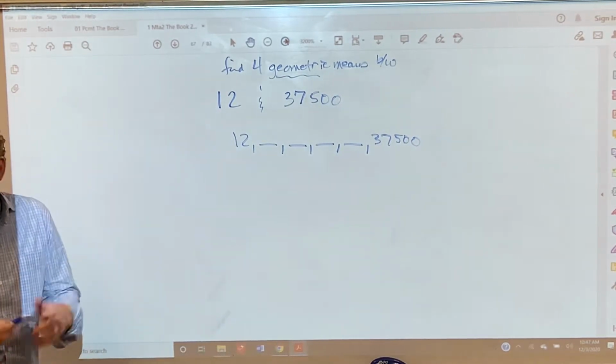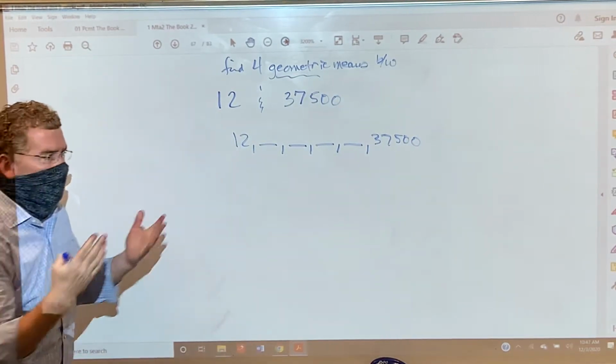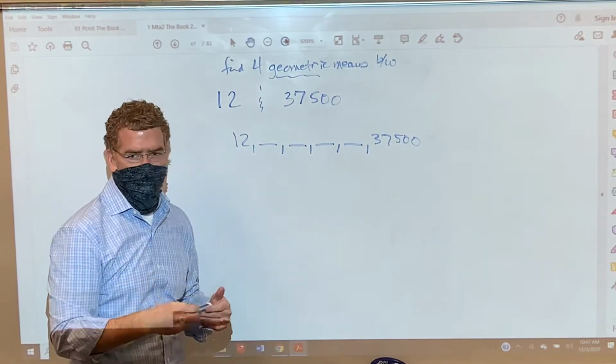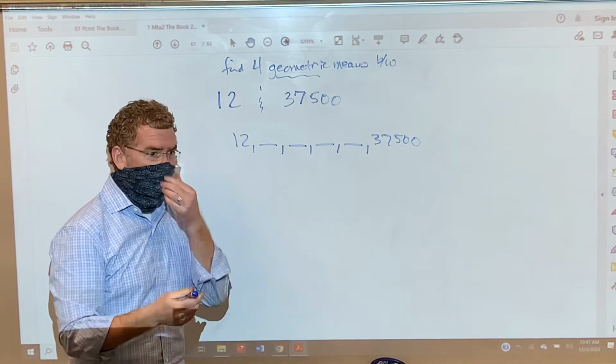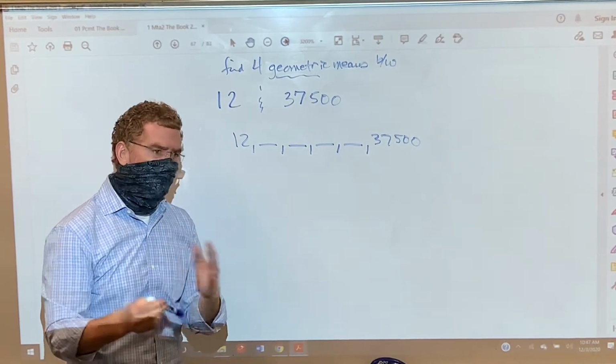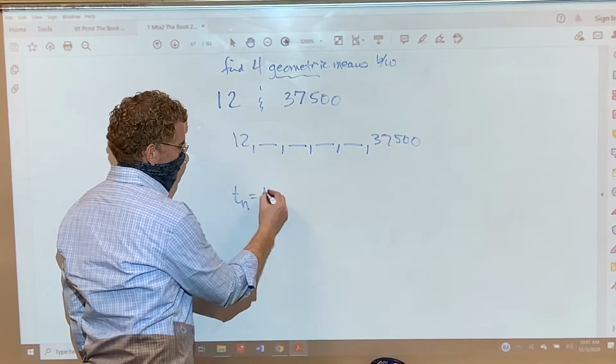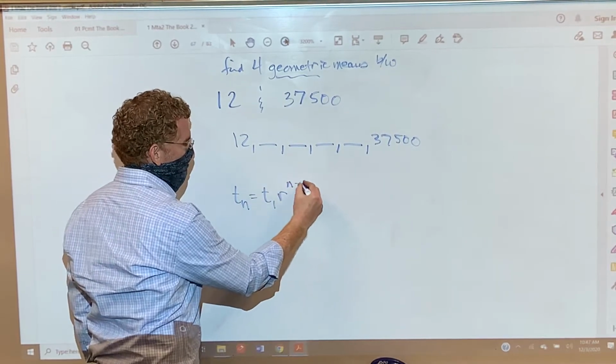So that's it. So what do you really need to find? What one thing is super important to find to navigate your way around a geometric sequence? The ratio, right? And the ratio, you can find it 2 ways. The first way is you can just pull out this formula, which you already know.